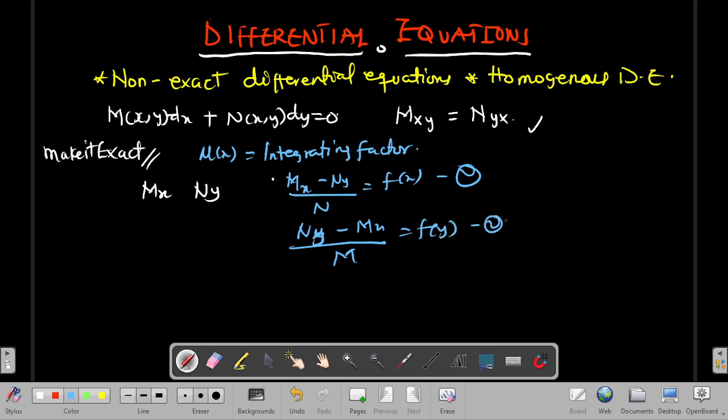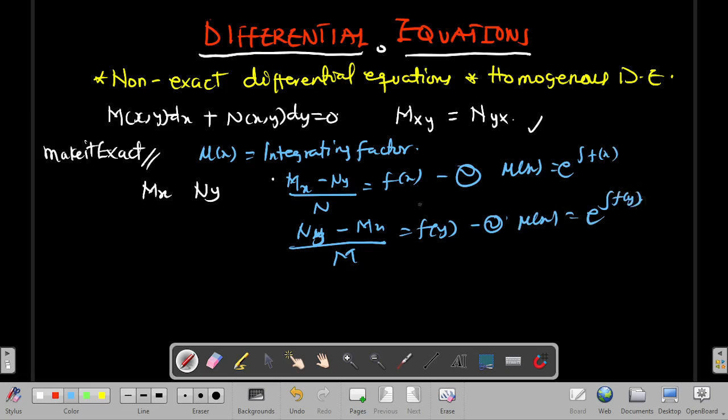And this is two. So our integrating factor mu of x is equal to e to the power integral of f(x), or mu is equal to e to the power integral of f(y).